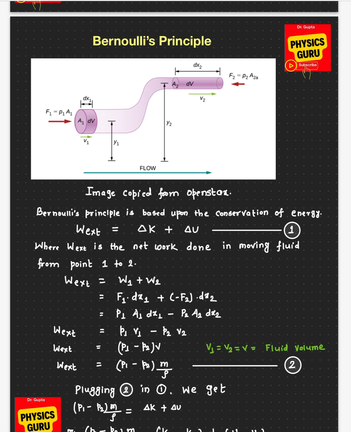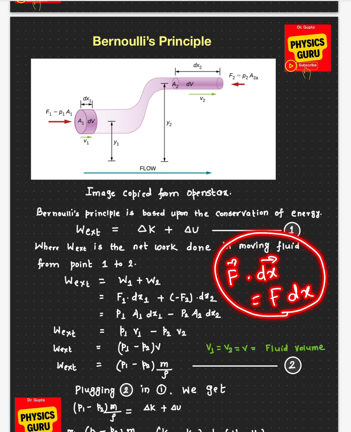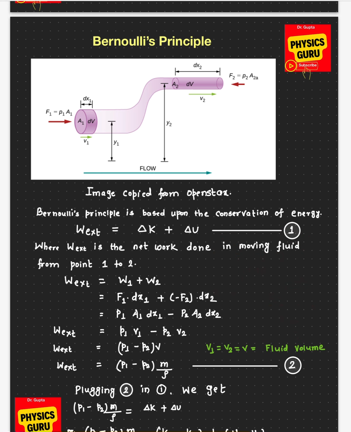So the angle between them is 0, and cosine 0 is 1. If you write force dotted with the dx vector, it will be F times dx, because the angle between them is 0, so cosine 0 means 1. And why am I using the cosine here? Because by definition the dot product is defined as A vector dot B vector equals AB cosine theta.